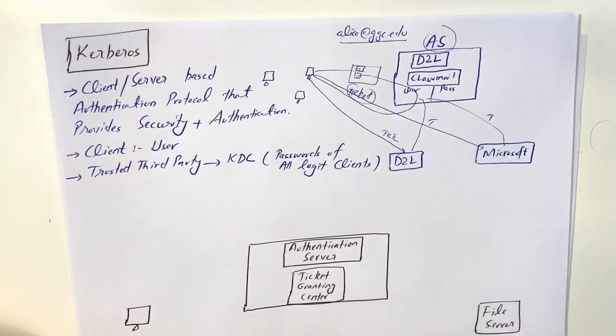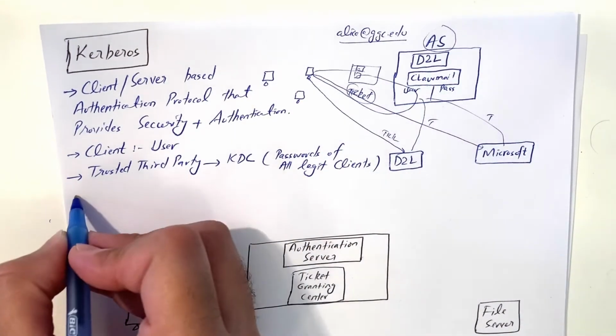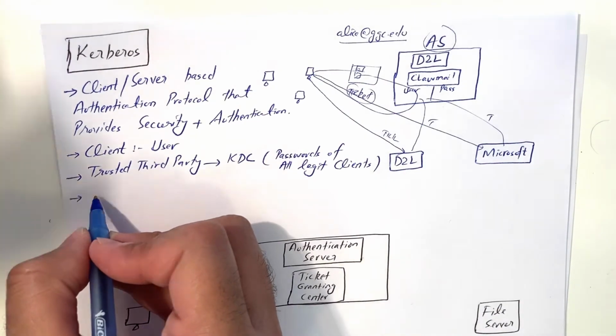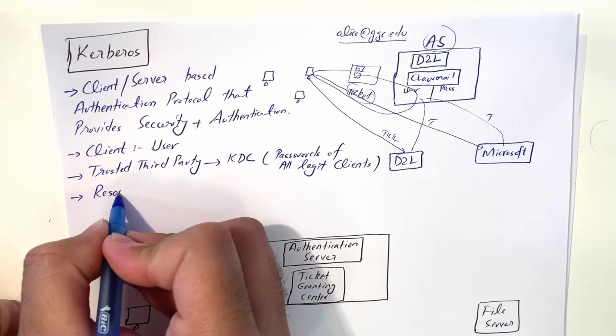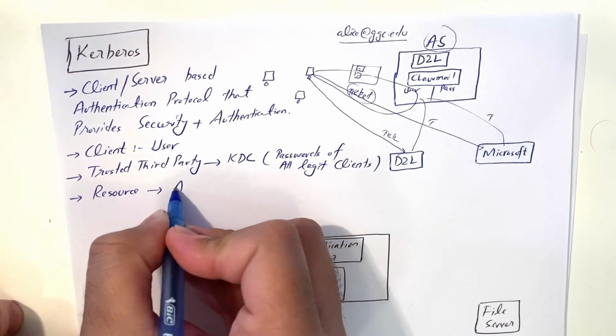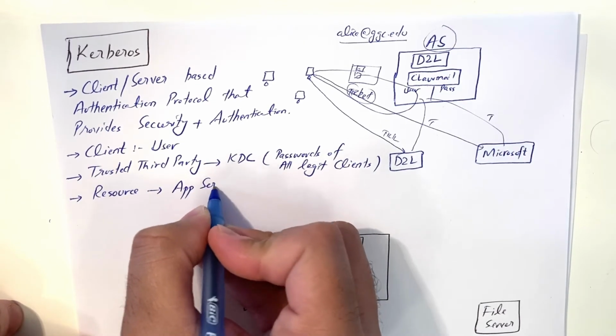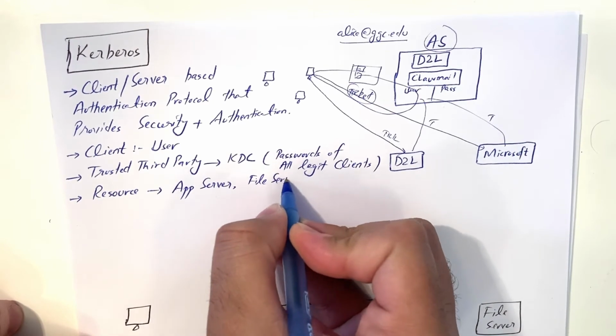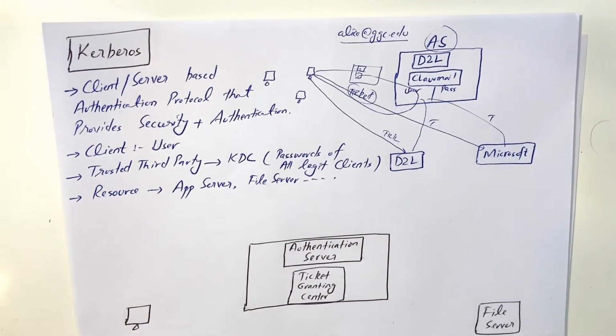So all passwords and usernames are known to the trusted third party. And the last thing is the organizational resource. An organizational resource could be an application server, or for example a file server, etc., which they want to protect.